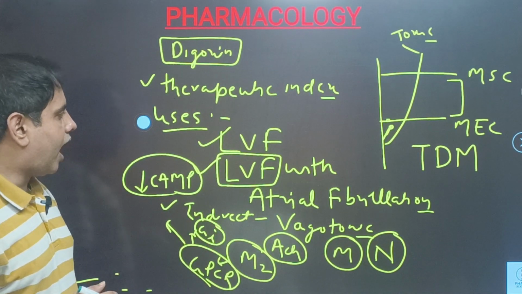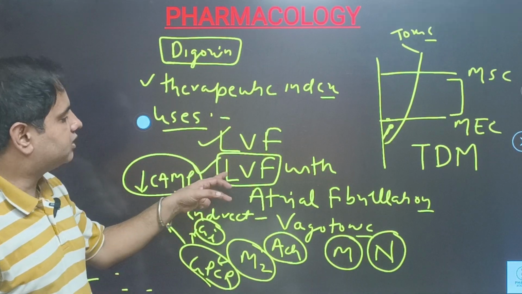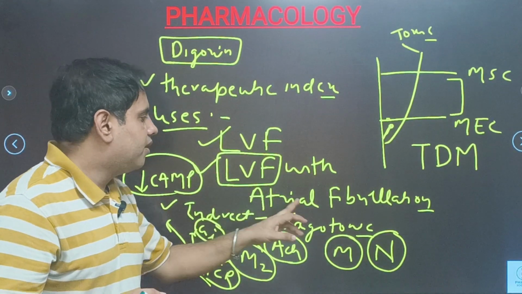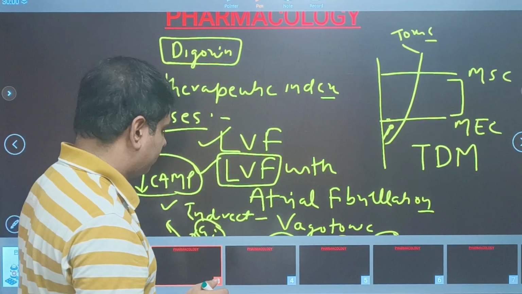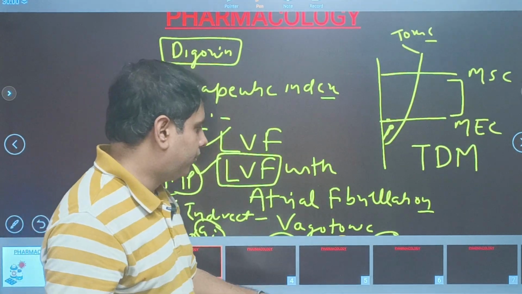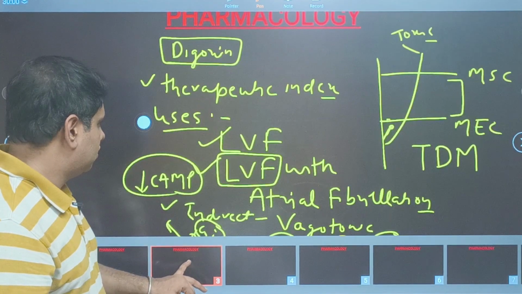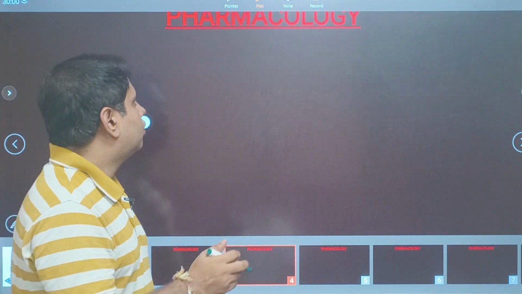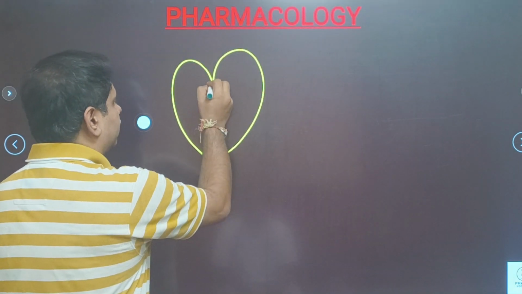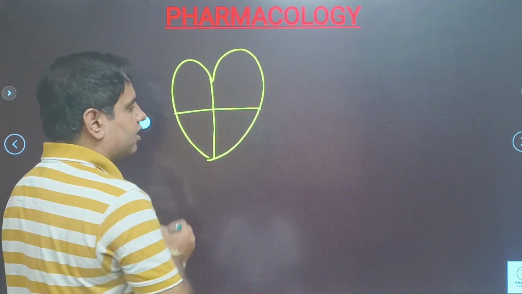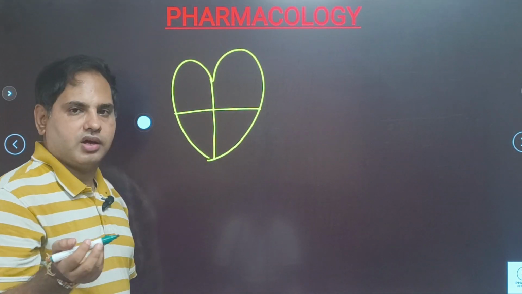So that is the indirect action of digitalis. Now we are talking about how this drug is useful for a patient having left ventricular failure with atrial fibrillation. I am talking about the indirect action first. The direct action we already discussed.